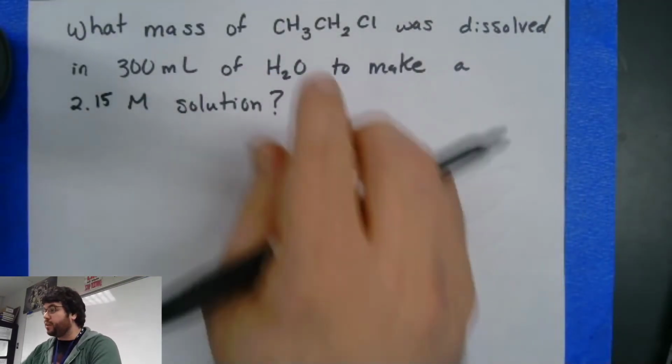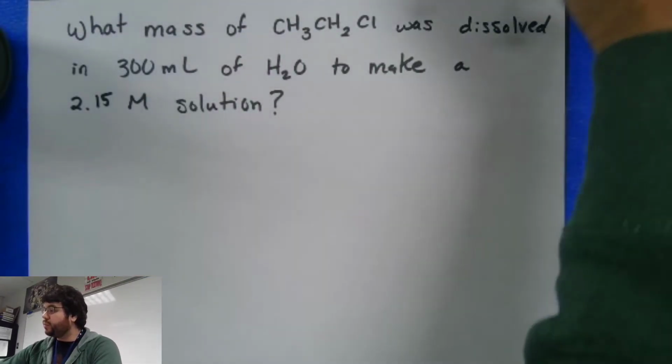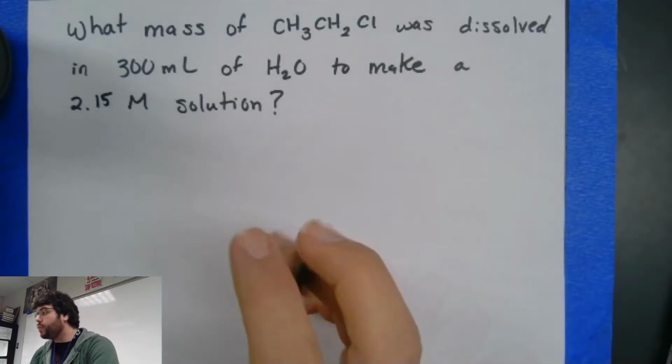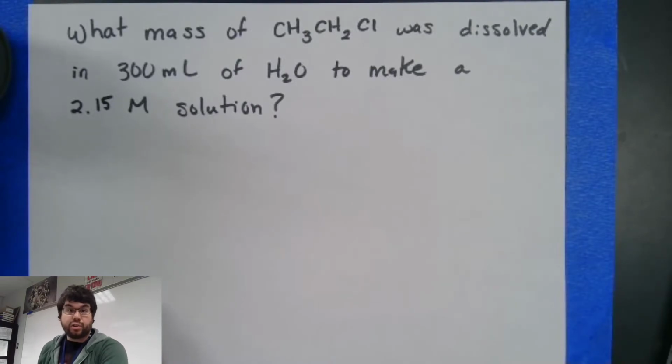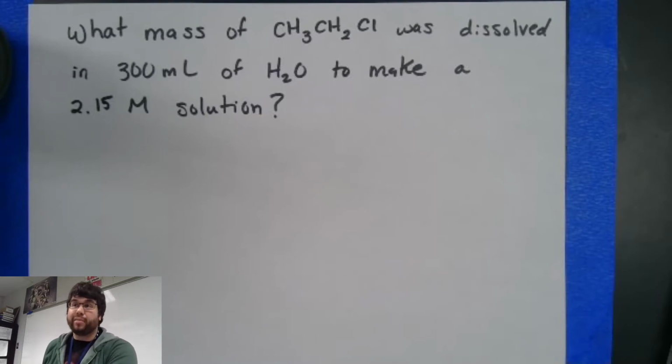So one more question here. What mass of CH3CH2Cl was dissolved in 300 milliliters of water to make a 2.15 molar solution? This is a really common kind of problem in a chemistry lab. You're told, hey, go make a 1.5 molar solution of blah, blah, blah, and you're not told anything else. And then you might ask, well, how much do you want?